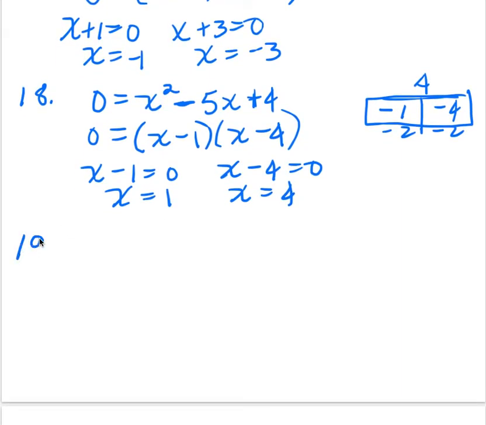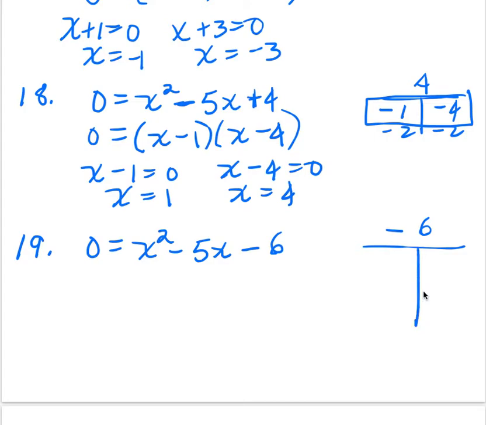Okay, 19. 0 equals x squared minus 5x minus 6. So I'm looking for factors of -6. That means I've got a positive and a negative factor, and they have to combine into -5. That's telling me that the absolute value of my larger factor is going to be negative, so I'll put the larger factor on the right.